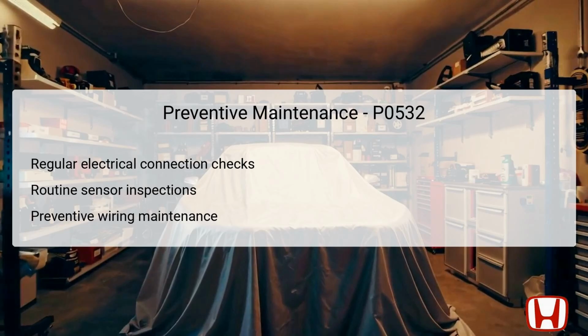Routine sensor inspections allow for early detection of wear or faults in the sensor itself, ensuring that any problems can be remedied before they escalate. Additionally, maintaining the wiring in good condition through checks and repairs will help ensure consistent functionality of the system. Taking these proactive measures not only contributes to smoother AC performance, but also enhances the vehicle's overall reliability.